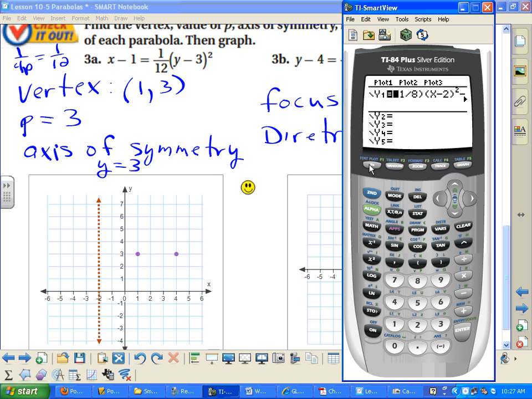So we've got 1/12 (x minus 3) squared, and then plus 1, right? We have to add 1 to both sides. So y equals 1/12 (x minus 3), that quantity squared, plus 1. And then graph it.